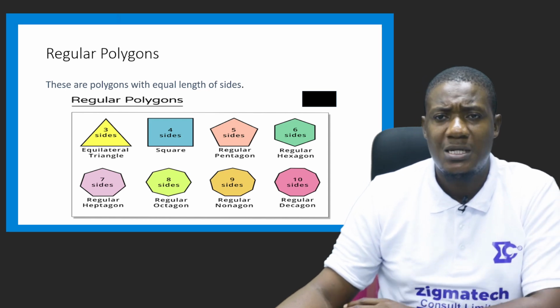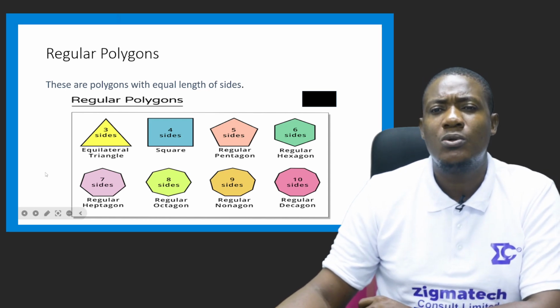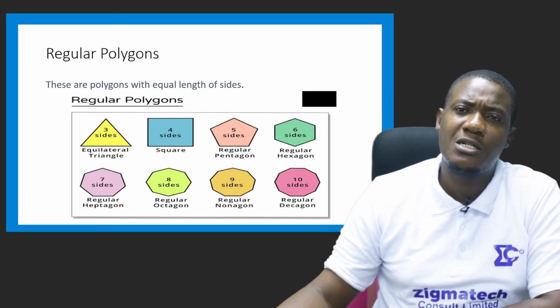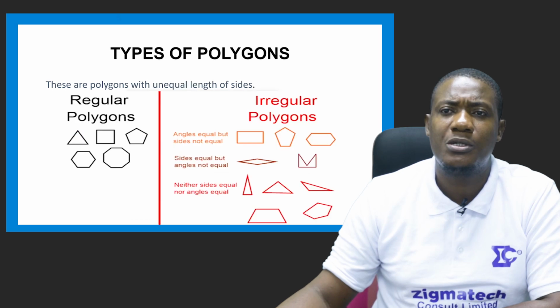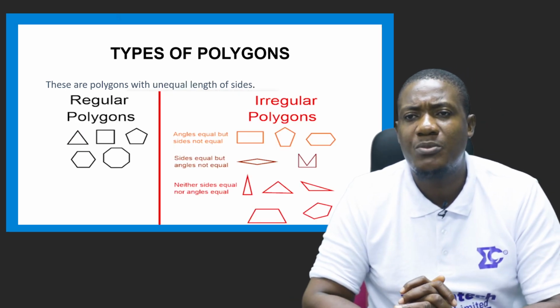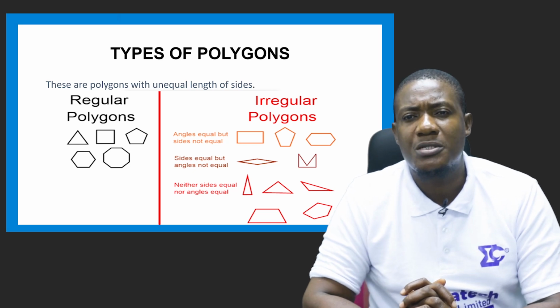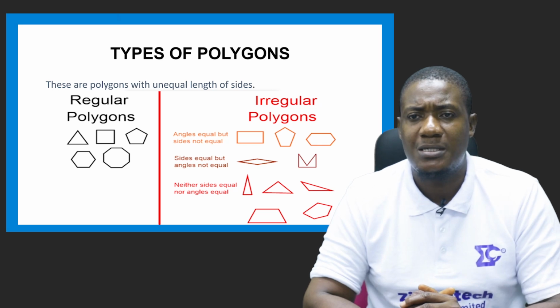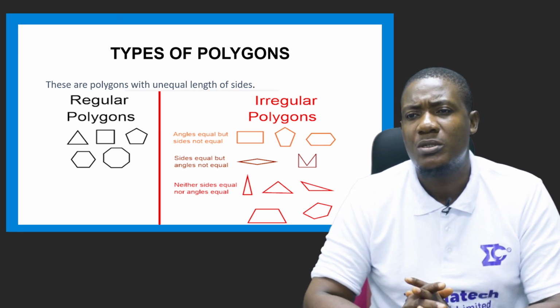Just like I said, at this stage we'll only limit ourselves to the two types of polygons, regular and irregular polygons. So for this, you see on the screen, there are examples of irregular polygons because they have unequal lengths. All right, their lengths are not equal.